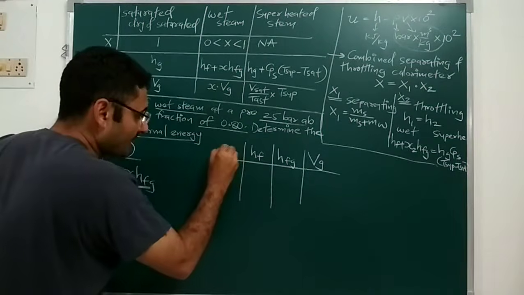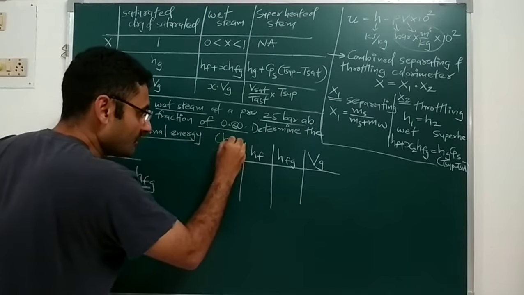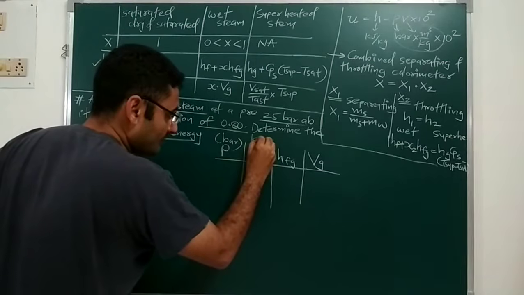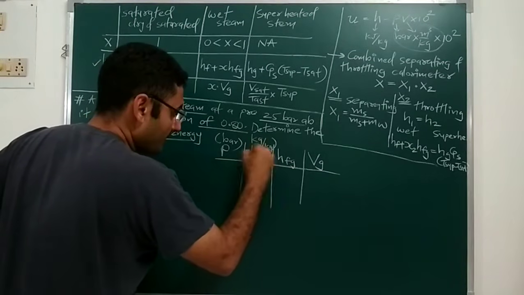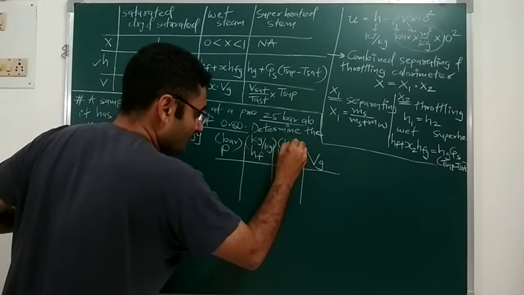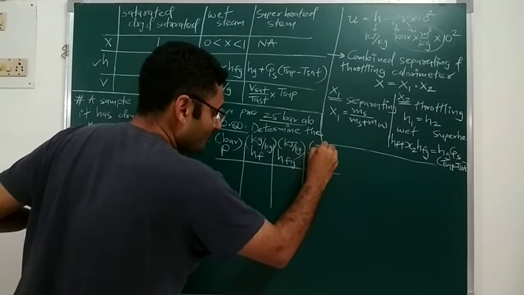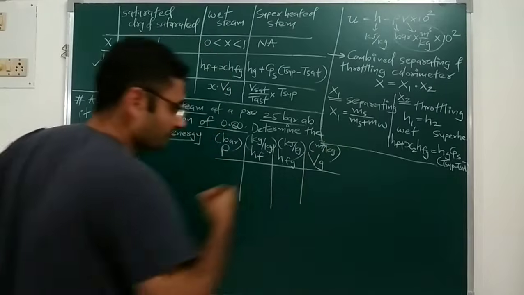So over here I will write pressure in bar, as in the steam table. HF and HFG are in kilojoule per kg, and specific volume in the steam table is in meter cube per kg.